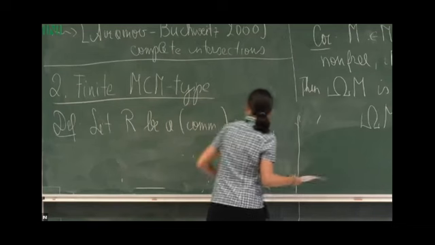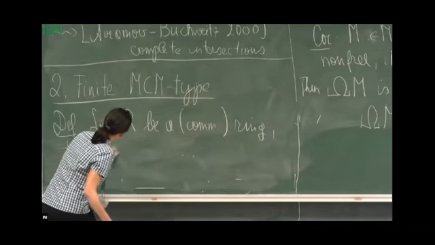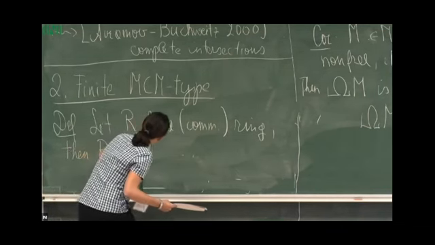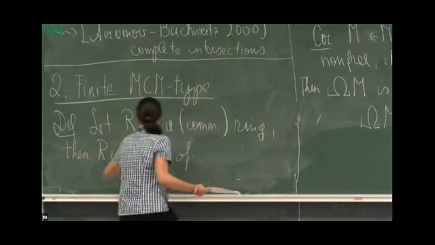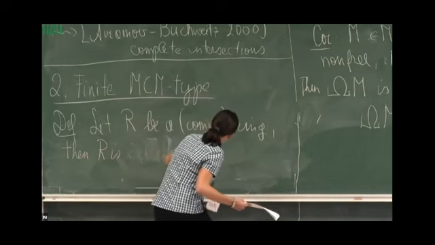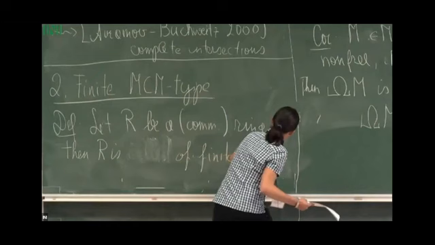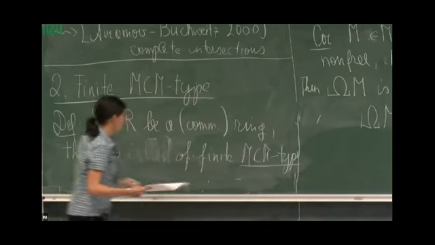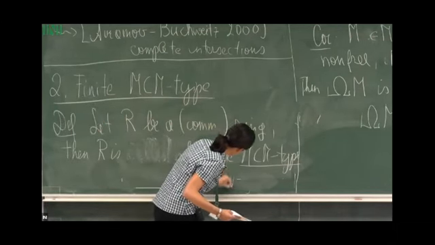And then R is of finite MCM type, or Cohen-Macaulay type, or sometimes this is also called finite representation type.